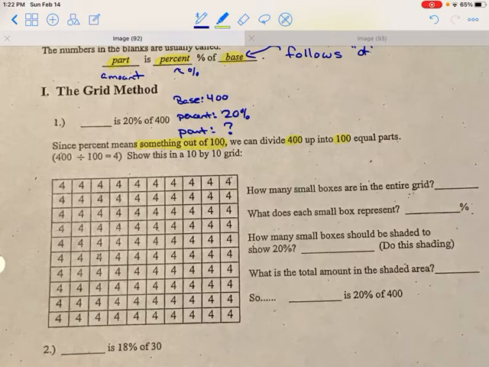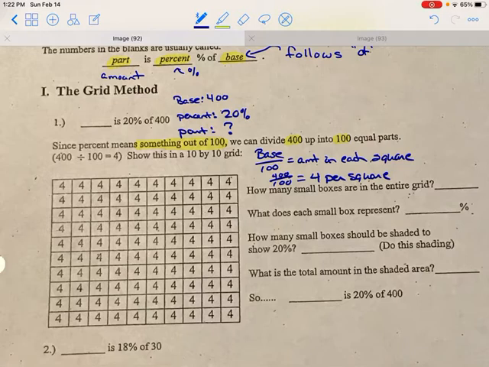Okay, so that puts 4 in each box. So to fill out our box, we'll always do the base divided by 100. And whatever that gives you is going to be the amount in each little square. In this case, we did 400 divided by 100, and we got 4 per square.